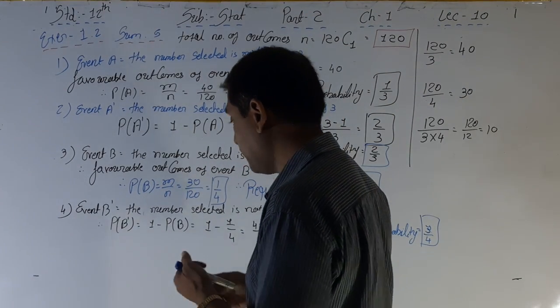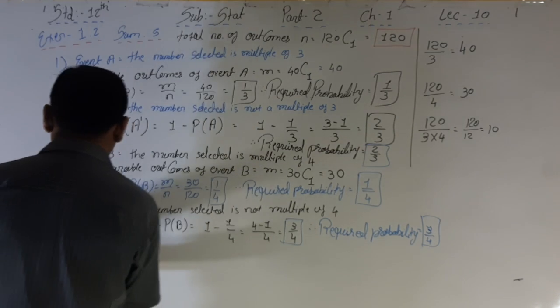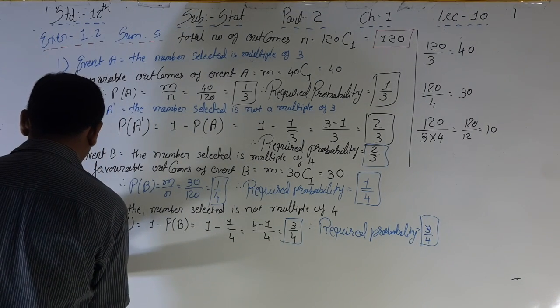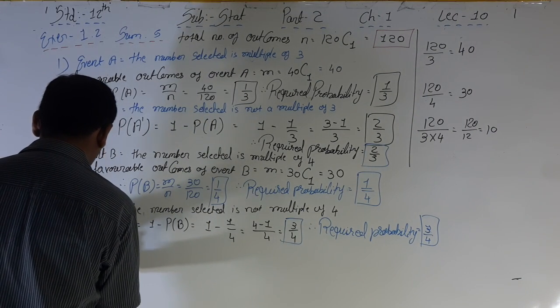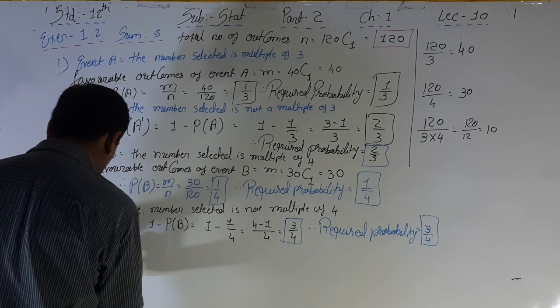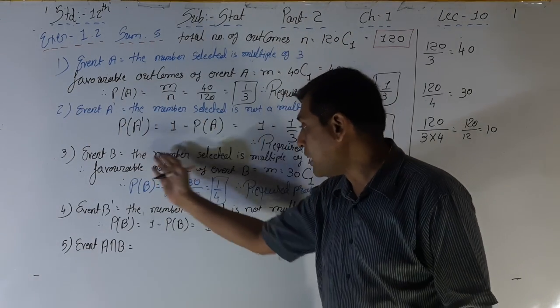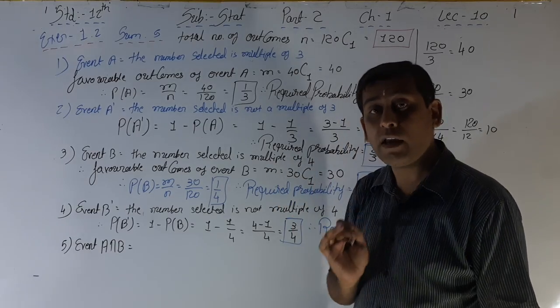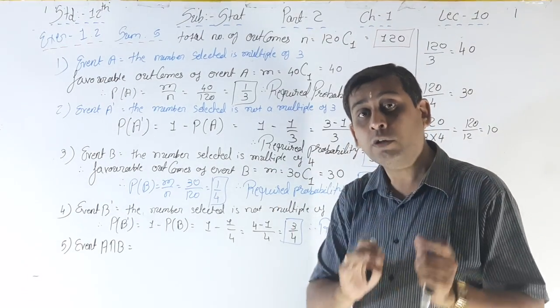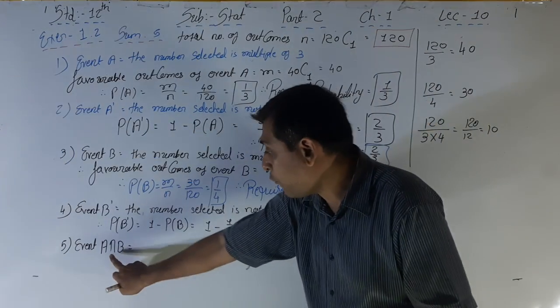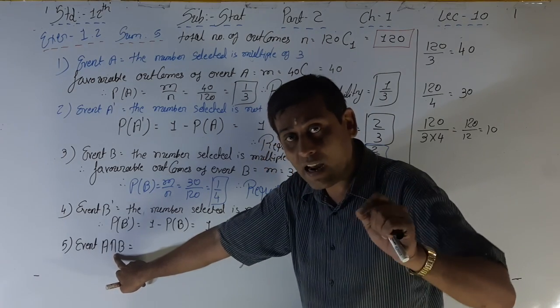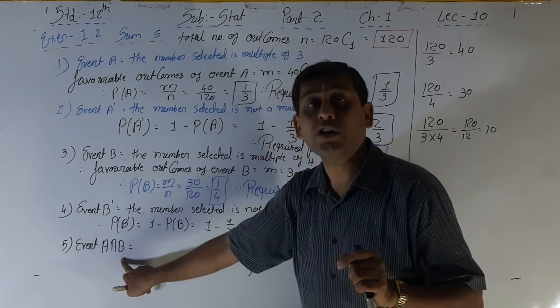Okay, so now the next point is event A intersection B. A is a multiple of 3, B is a multiple of 4. But here multiple of both 3 and 4, and for that, the word "and", we are using intersection.